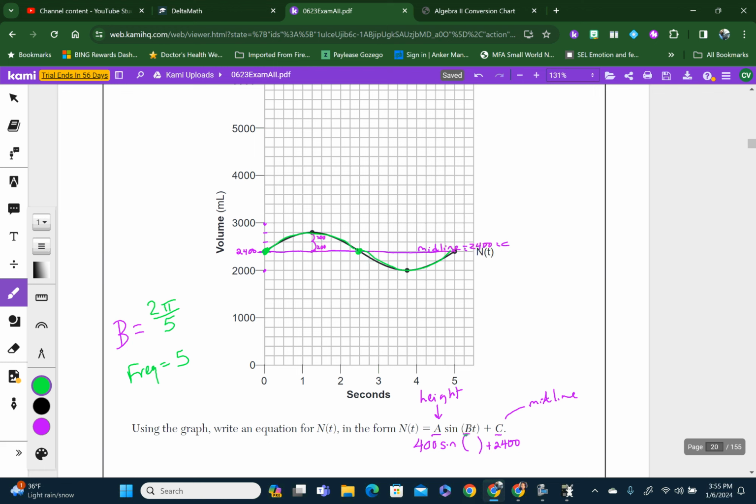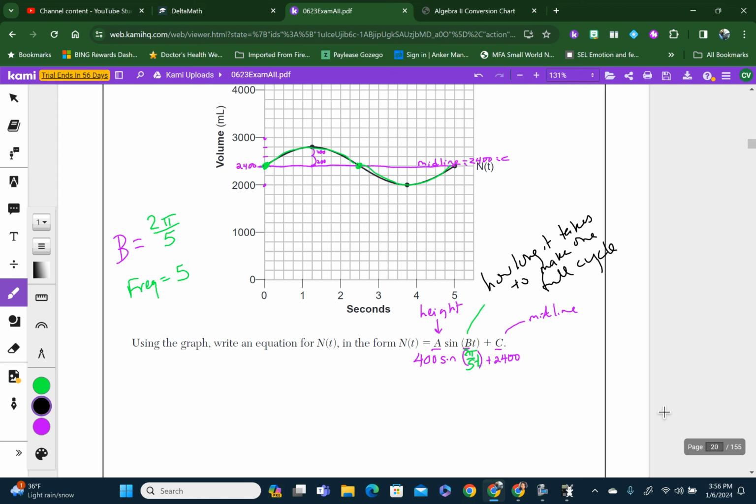And again, like I said, that is the hardest part. So this is how long it takes to make one full cycle. And the 2 pi goes on the top, right? So it's always 2 pi.